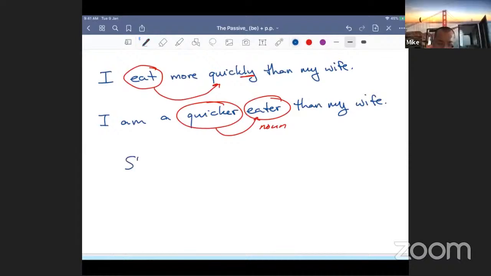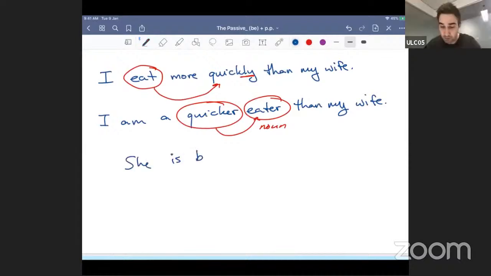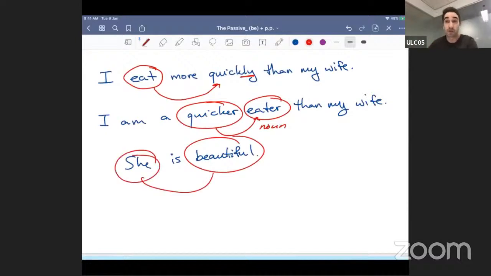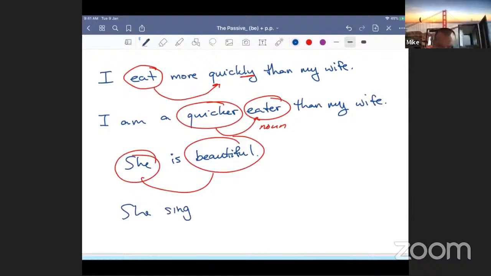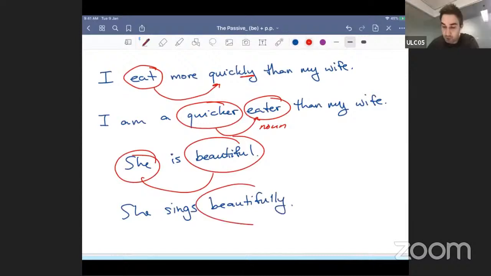So I can say, she is beautiful, right? She is beautiful, I'm talking about the person. The person is beautiful, but I can say she sings beautifully.